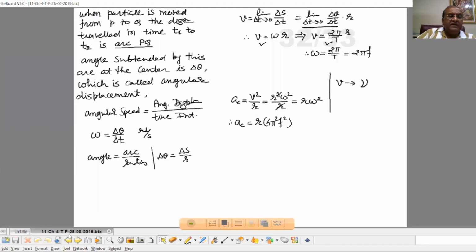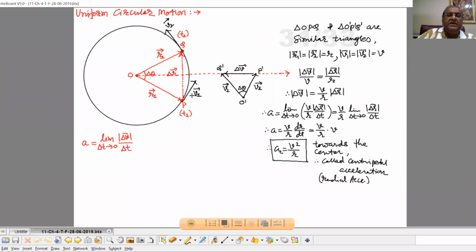Now see, when the particle moves from P to Q, it obtains an angle delta theta. The linear distance covered is arc PQ, and it obtains angle delta theta in time interval T2 minus T1.